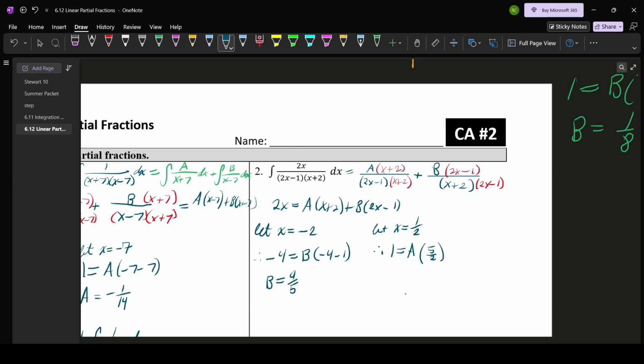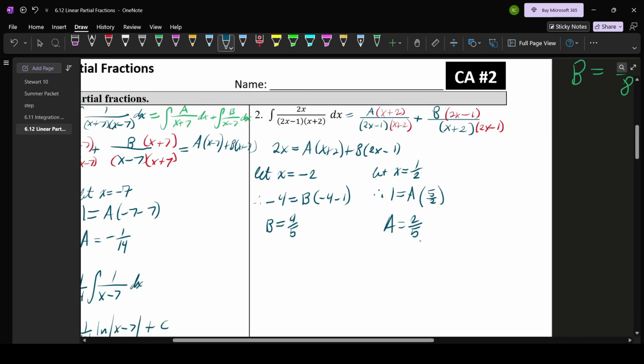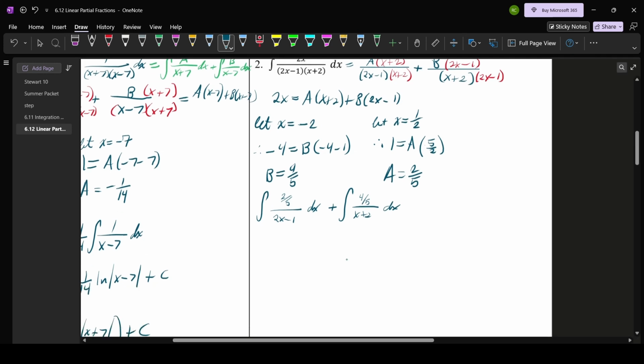So therefore, a is 2/5. All right, now we can rewrite our integral as the sum of two integrals dx. And now we're going to integrate.